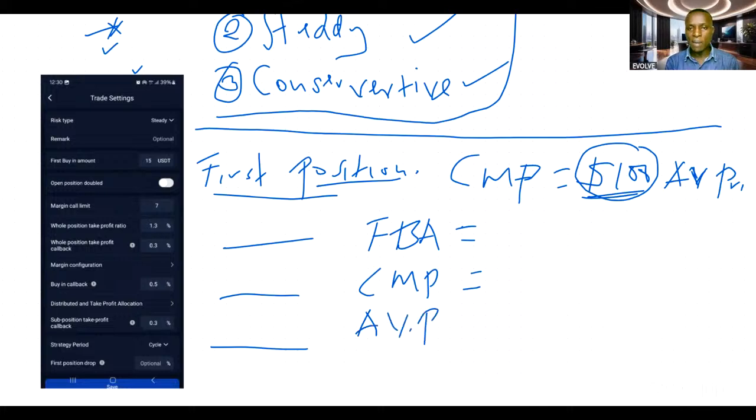First buy in amount is the amount you use when you are entering and you open the first position. The moment you get in the market, you have opened the position. Now you position yourself, and the average price becomes the value of each of your coins.